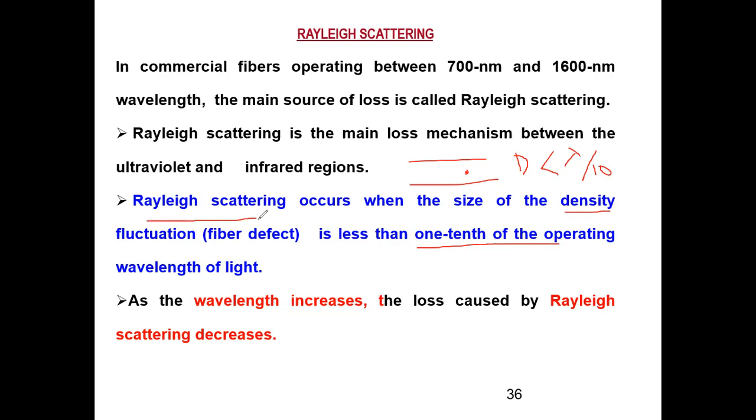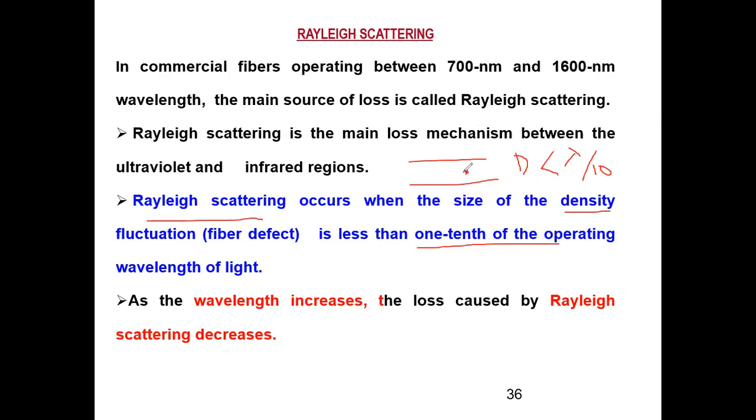Rayleigh scattering occurs. If this size is greater than lambda by 10, or 1/10 of the wavelength, then the scattering that happens is called Mie scattering. So Rayleigh और Mie scattering के बीच में difference यही है कि particle का size कितना है.